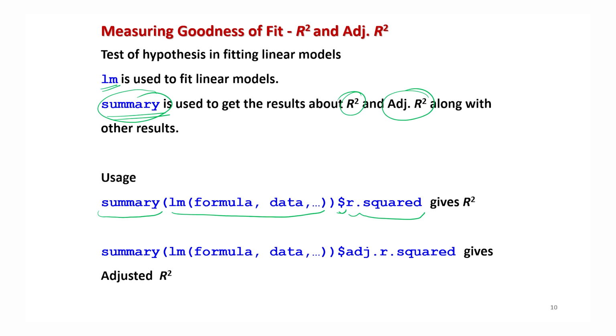And similarly, if you want to find the value of only adjusted R squared, without the other values in the summary command, then you use the summary command with the lm formula, and then use the dollar sign and adj.r.squared, all in lowercase. So this will give you the value of adjusted R square.